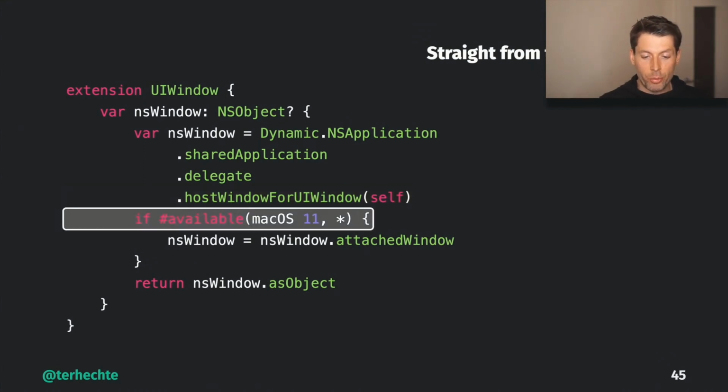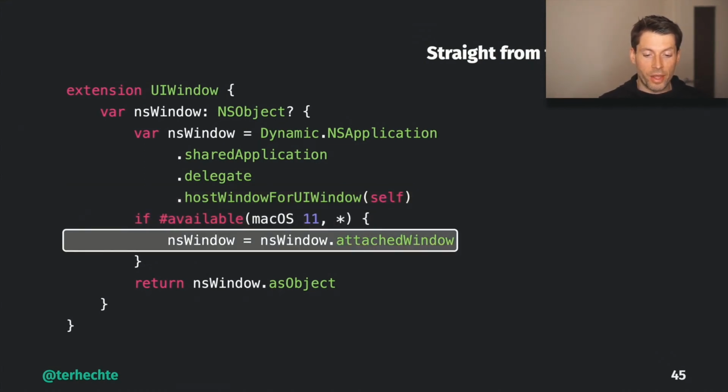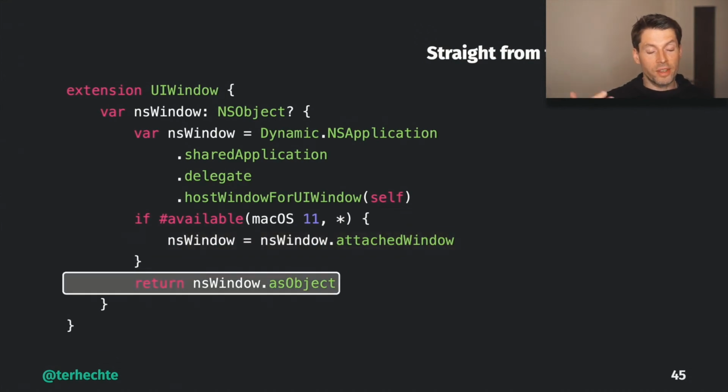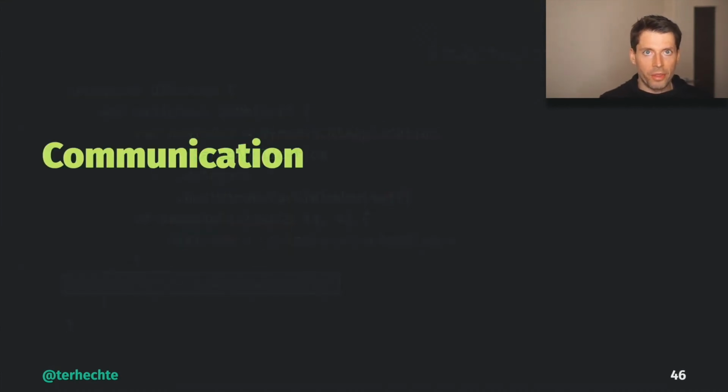And if you're on Big Sur, then there's another attached window, then you return it. And this is everything you need in order to get access to the NSWindow that you then can hand over to AppKit in order to work with it. The demo project that I have doesn't really do this, but there's lots of explanation in this package that you can just use.